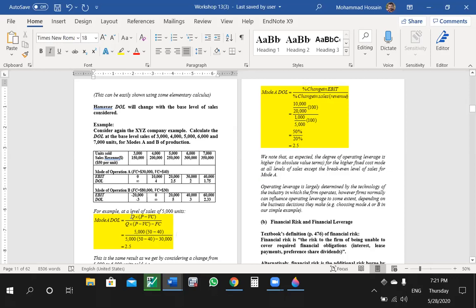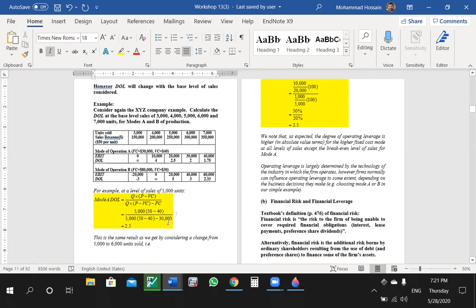Quantity is given. Consider again the same company, calculating the DOL at the base level for 3,000, 4,000, 5,000, 6,000, 7,000 units for models A and B. They just showed you one, at 5,000.